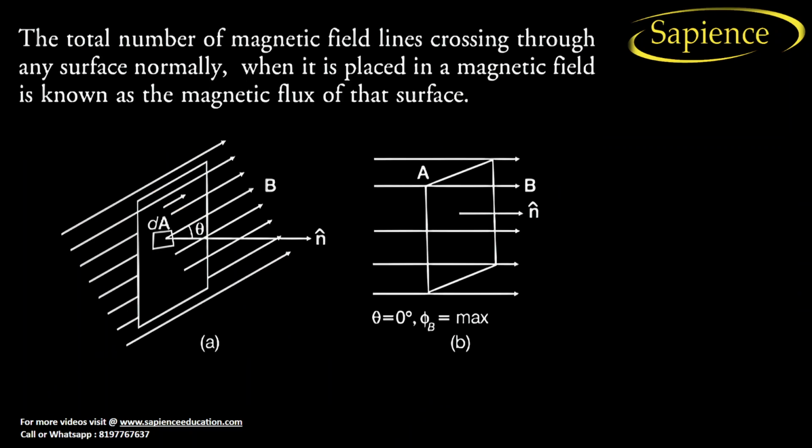Now, how to create a current? Before that, we need to understand basic things. The total number of magnetic field lines crossing through the surface normally when it is placed in a magnetic field is known as magnetic flux through that surface.